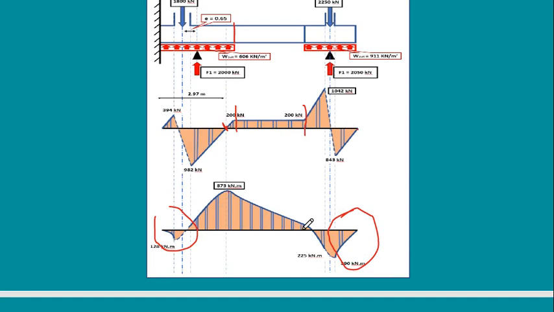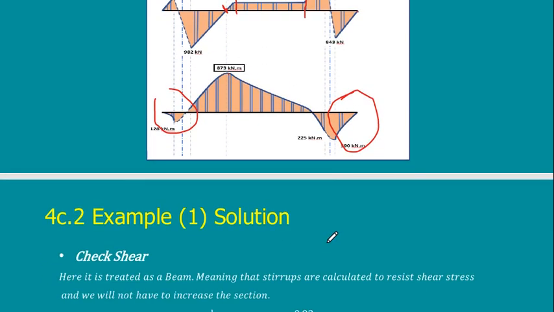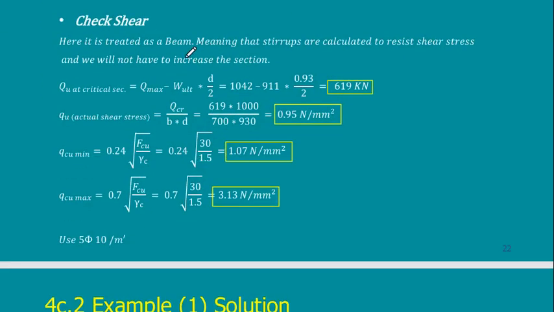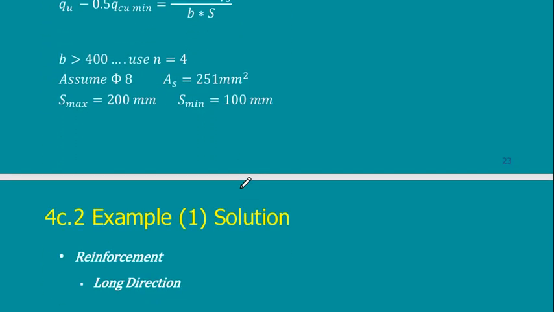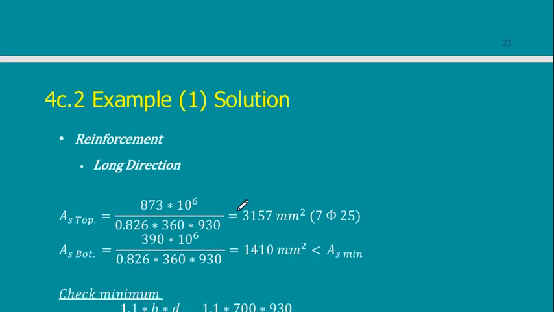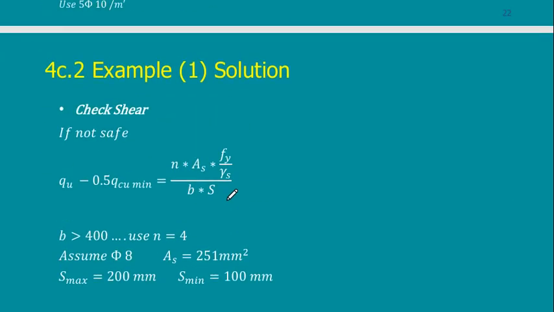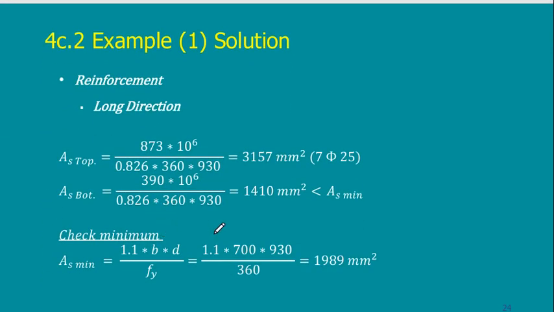So now I have, as I said, the three moments. I need to design many things. We said that we are going to check shear for both footings. And then if the shear is okay, we are not going to check punching, we are just going to design directly.